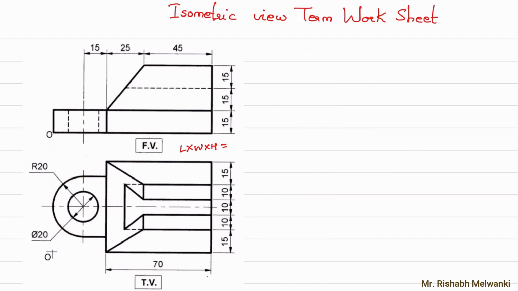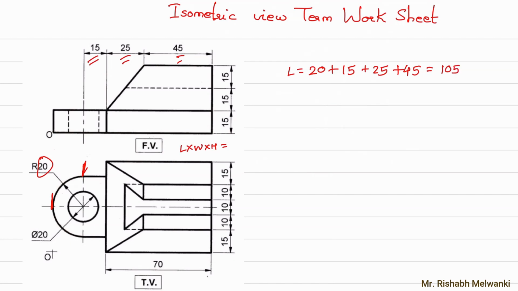So length will be equal to this distance 20 from this point to this point, plus, in the front view, 15 plus 25 plus 45. What is the length value coming out to be? Length is 105.